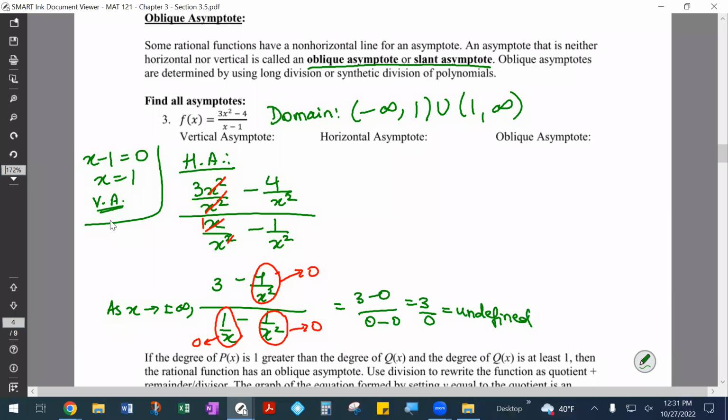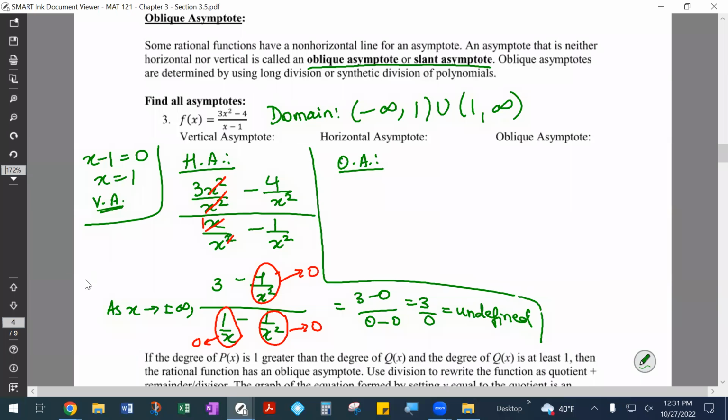So you can see there is no horizontal asymptote. And this is going to happen any time the degree of your numerator is larger than the degree of your denominator. So no horizontal asymptote, which means we are then looking at oblique.